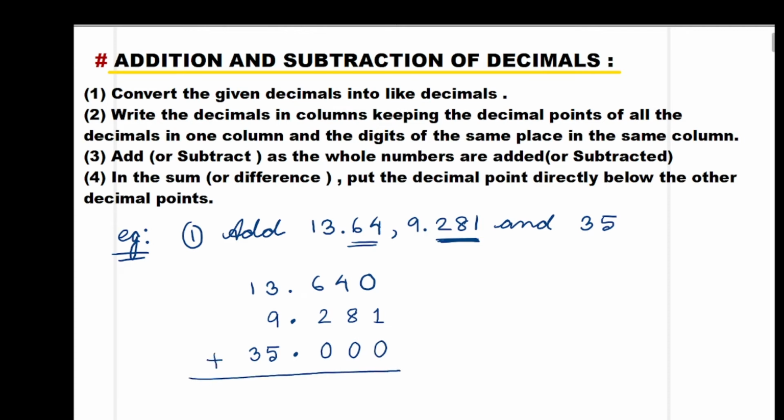Now simply you add: 0 plus 1 plus 0, 1; 4 plus 8, 12, 2, carry 1; 6 plus 2, 7 plus 1, it's 8; 3 plus 9, 12 plus 5, 17, 7, carry 1; 1 plus 3 plus 1, 4. So it is 47.5.